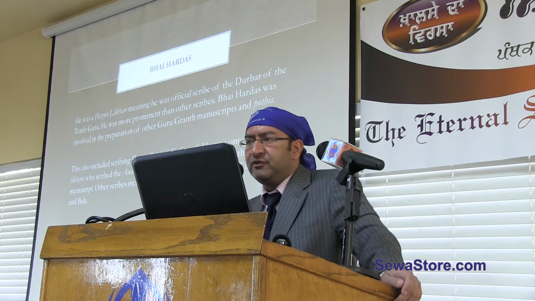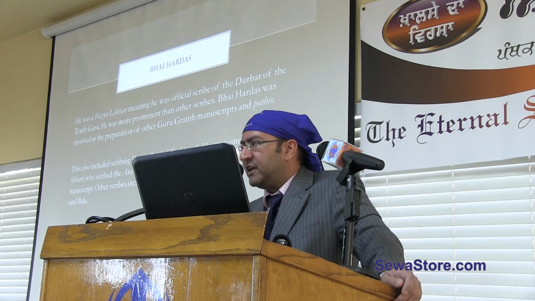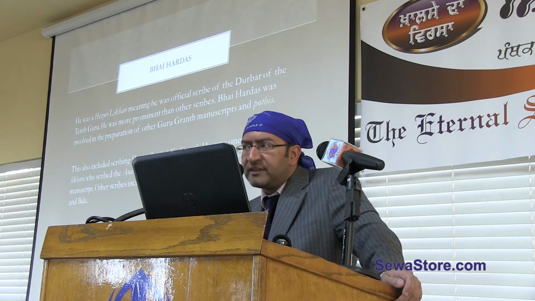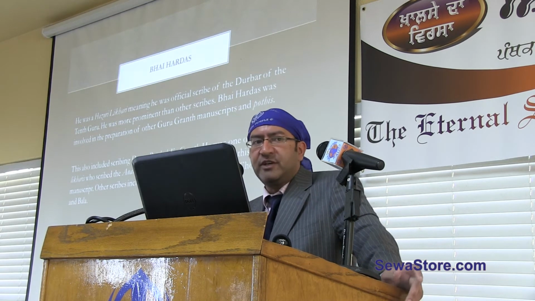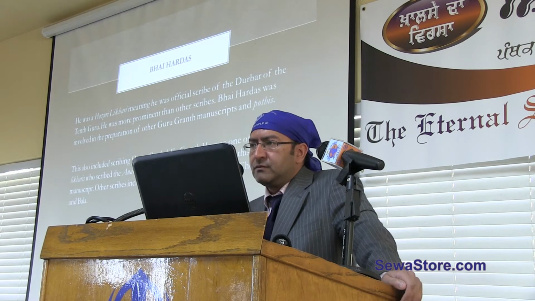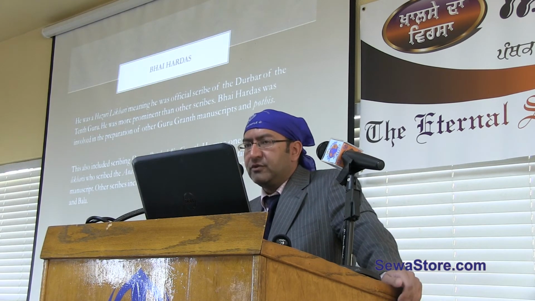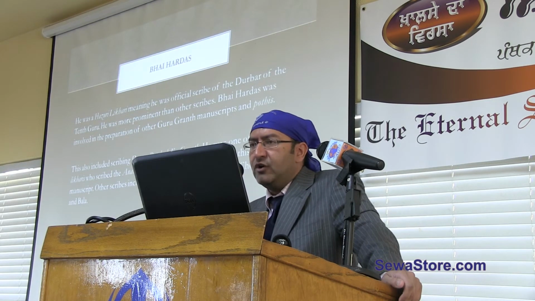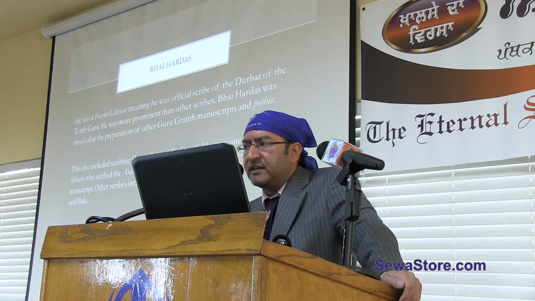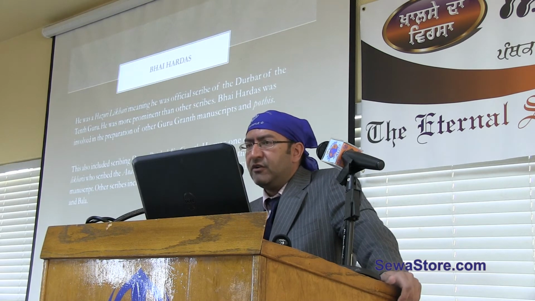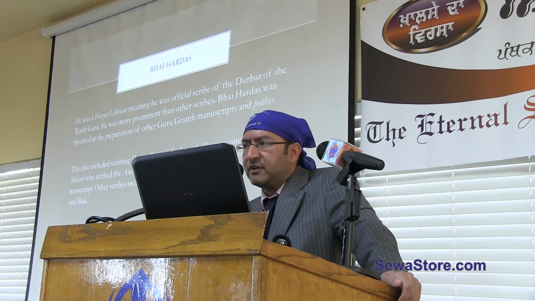Sometimes people get confused by looking at the number of scribes within the Anandpuri Beed itself. And some people will question and actually say, well, it's written by several scribes. If you understand the court of Guru Gobind Singh, you will understand there were over 100 scribes working to full capacity, translating the Rachana of not just Guru Granth Sahib, Sri Dasam Granth Sahib, but other philosophies of the world as well.